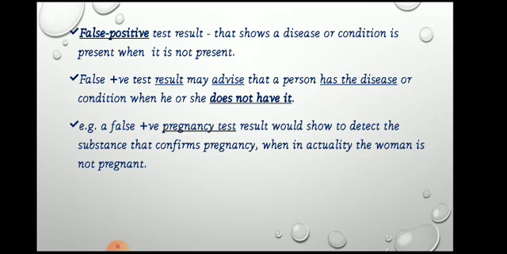A false positive test result is a result which shows a disease or a condition present when it is not actually present. Okay, we have seen positive means the problem is there, but false means the condition is not there.